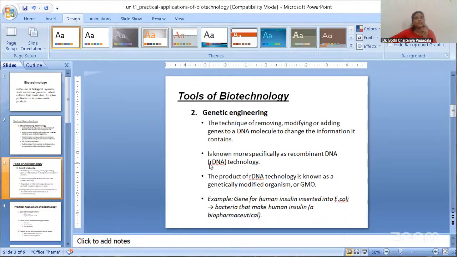And the fourth one is transformation, particle bombardment, or in fact, besides particle bombardment we use Agrobacterium tumefaciens mediated transformation.